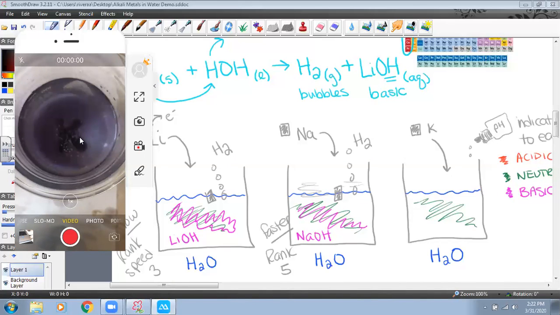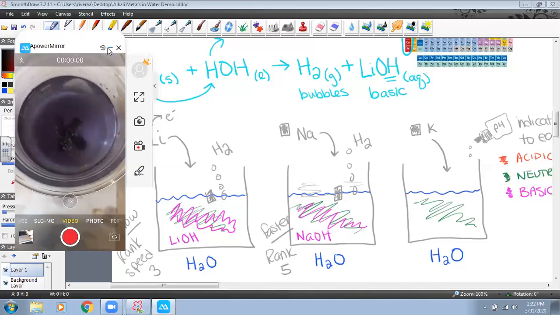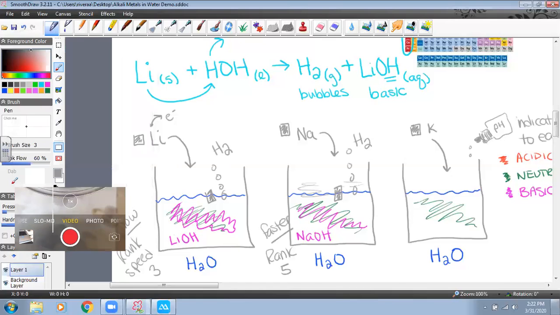Okay, so hopefully you guys would agree with me here that that last one was the most exciting, right? So on this potassium example, potassium goes in, immediately lots of hydrogen gas produced, and we got flames. The hydrogen gas ignited into flames.